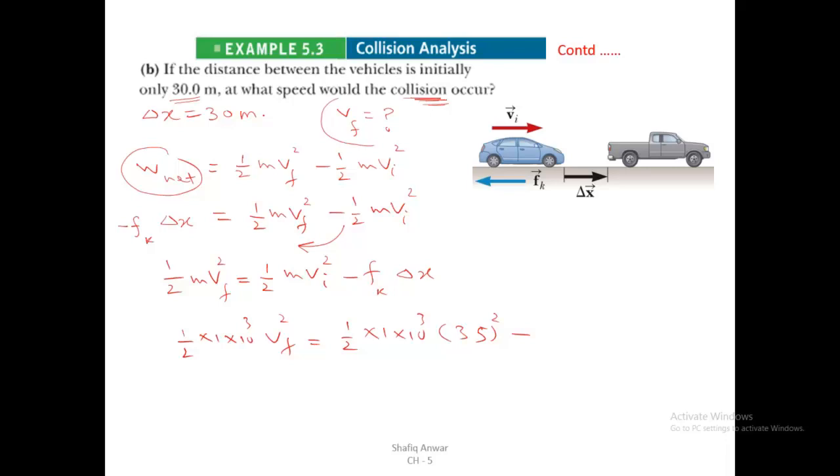F sub k delta x. F is given up in the first part, multiplied by delta x. Delta x is given to you, 30.